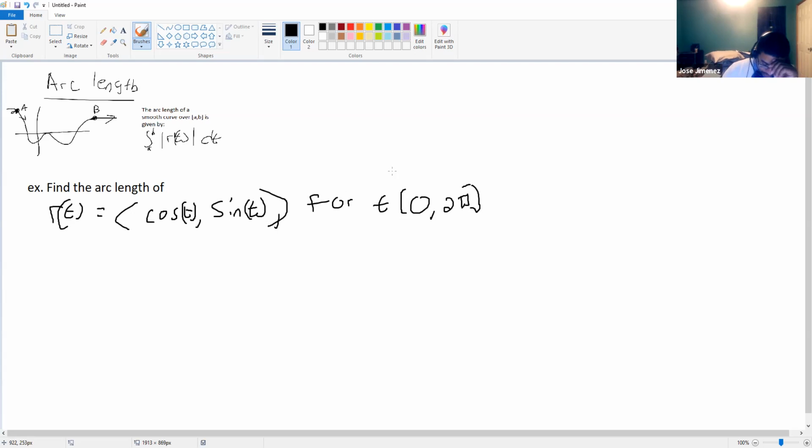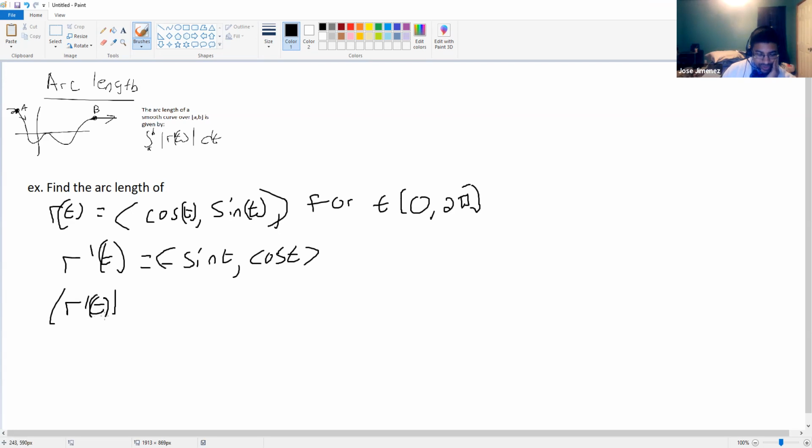Now watch what we're going to do. We're going to take the first derivative, and I know you guys can calculate that first derivative. That first derivative is just going to be minus sine of t and cosine of t. And then we're going to take the magnitude of it. When we take the magnitude of it, we're going to get the magnitude of r prime of t.